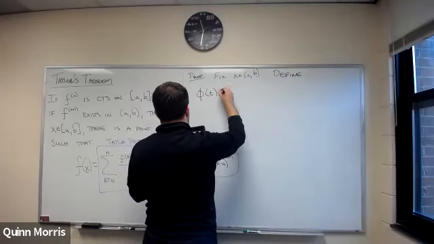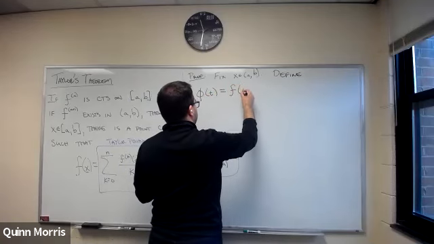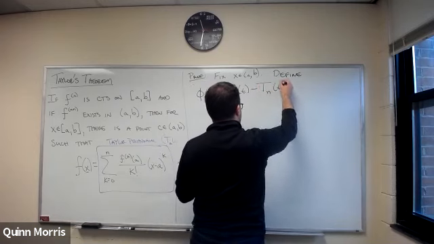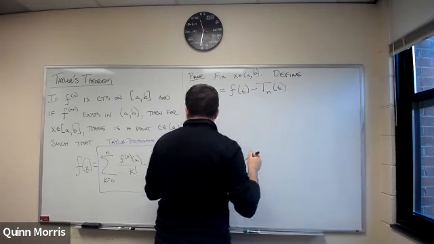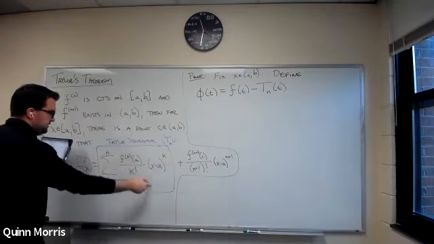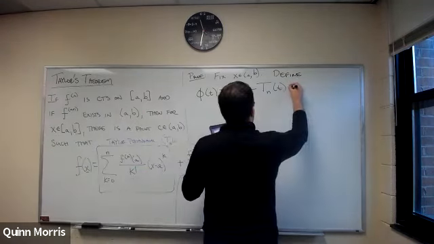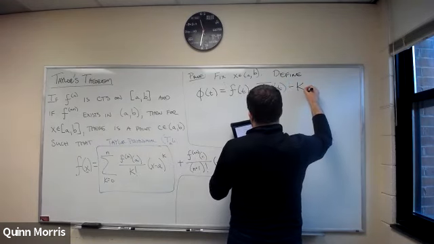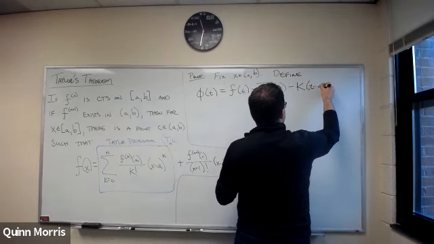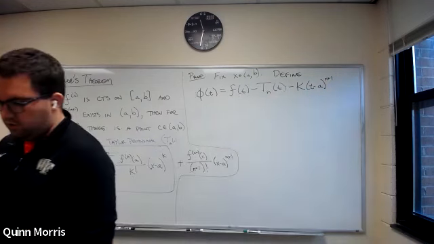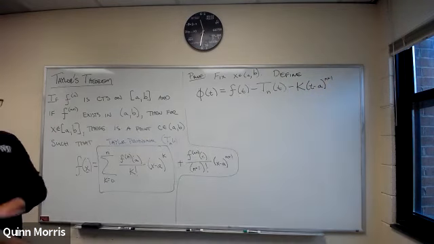So here's my variable t. I want this to be f of t minus the nth degree Taylor polynomial at t, where again, that's just this expression sitting here, minus k times t minus a to the n plus first. Now I've got to tell you, all of this is defined so far except for k.